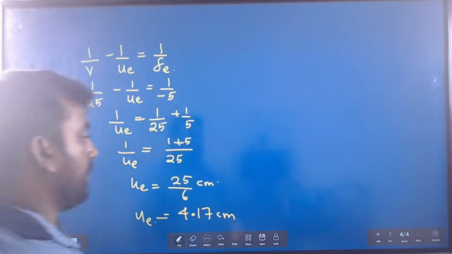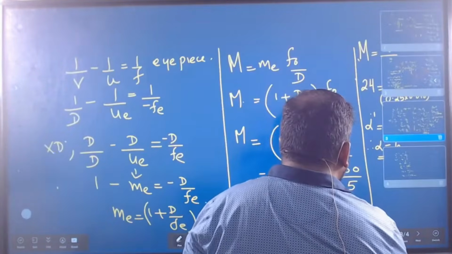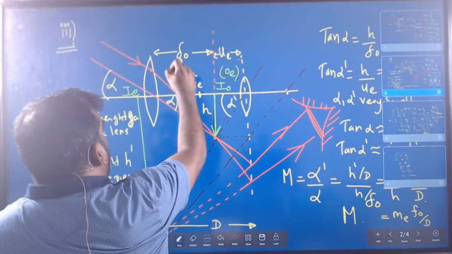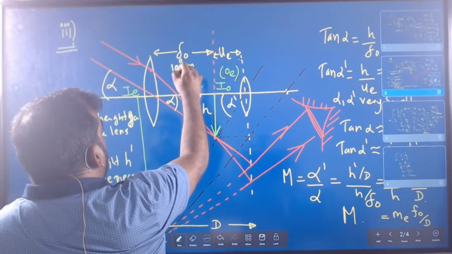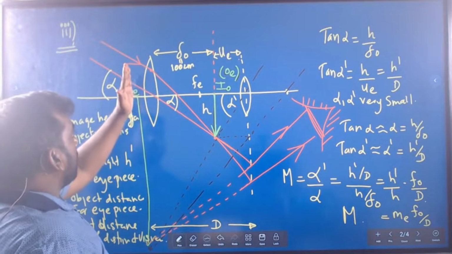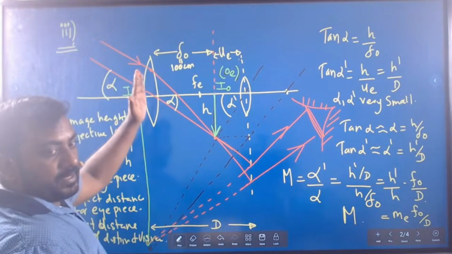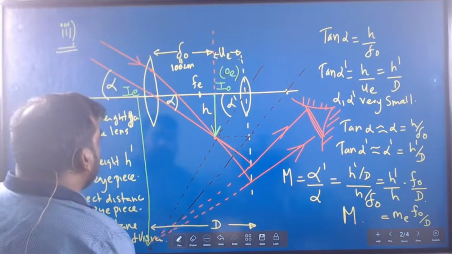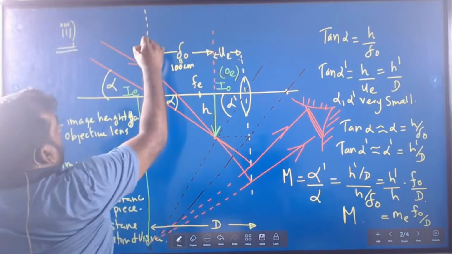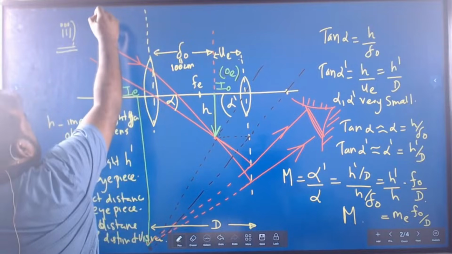So if I go back, this is 4.17, this is 100. This I move some more 10 centimeter closer. So if I move 10 centimeter closer, I draw it here. It's easier.